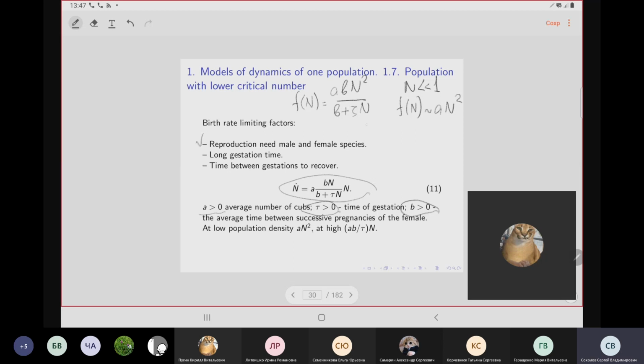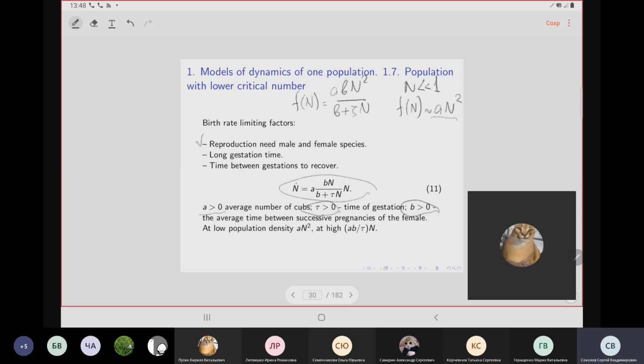That means that if the population density is small, then the birth rate is proportional to n squared. So when the density is small, we see that the reproduction is far smaller. It's quite natural. If there is a huge forest with only 2 rabbits, it's a real problem to reproduce.